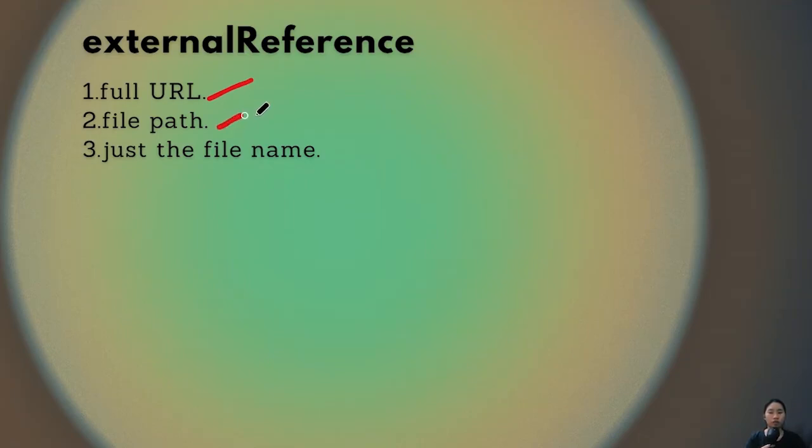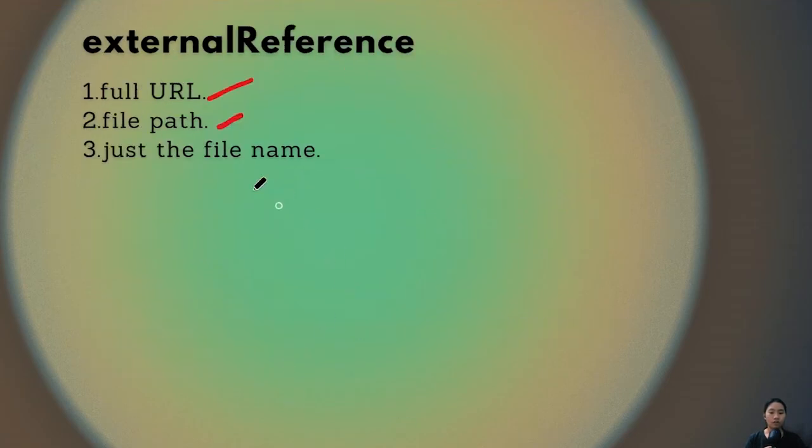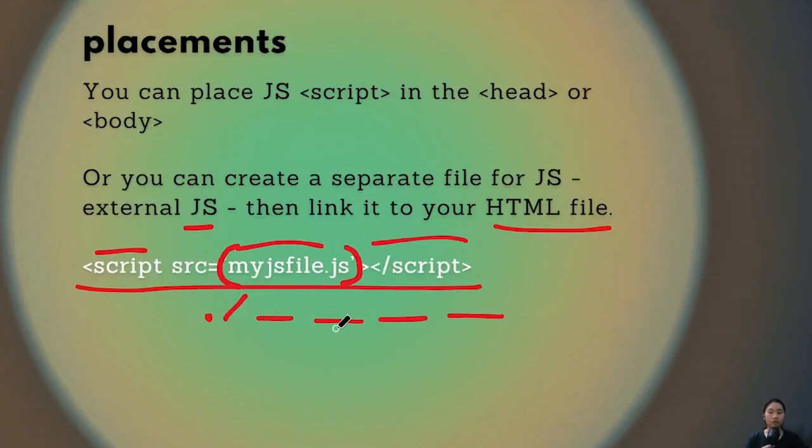Or you can use the file path, for example, user, document, JavaScript file, and then the name of your JavaScript file, for example, myjsfile.js. Or you can simply go for just the file name if the HTML file and the JavaScript file are in the same folder.